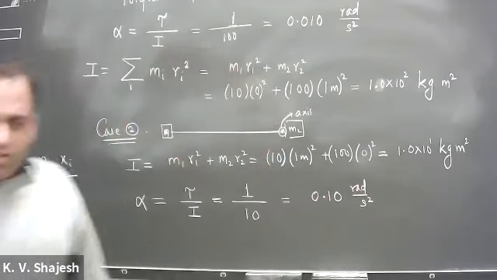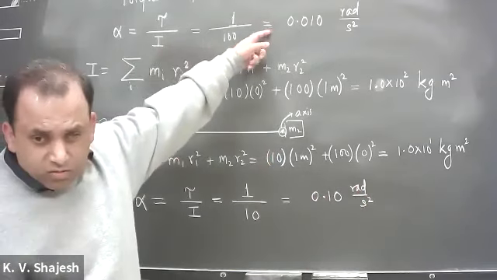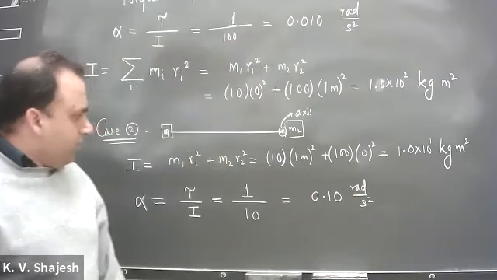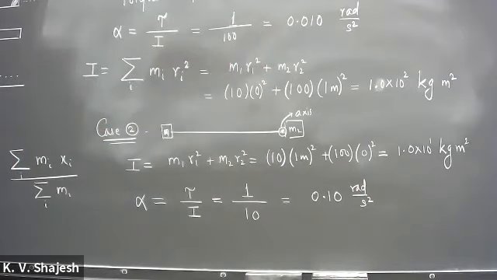Earlier it was 0.01. This time it is going to pick up a faster angular acceleration, so it is going to accelerate in a faster manner. So it will start rotating with a larger speed very quickly. So that's the idea I wanted to convey.